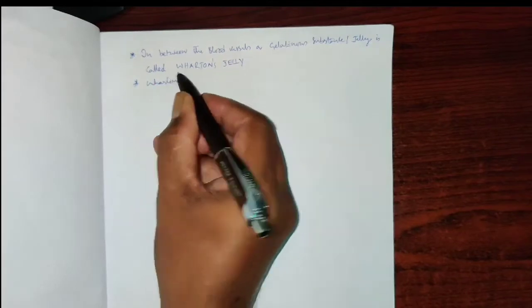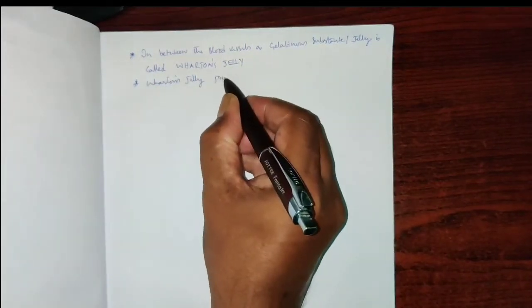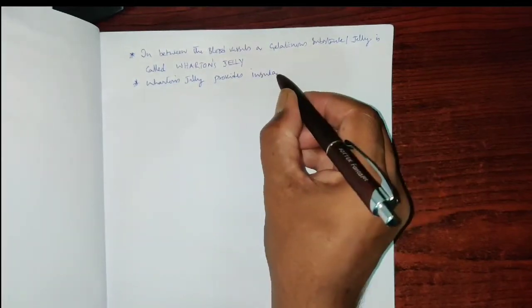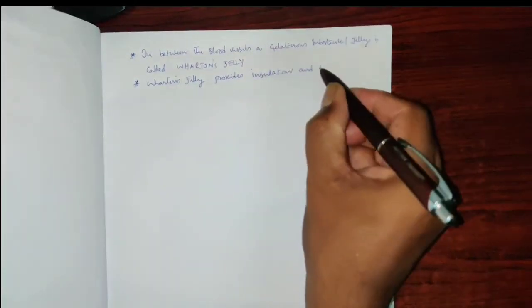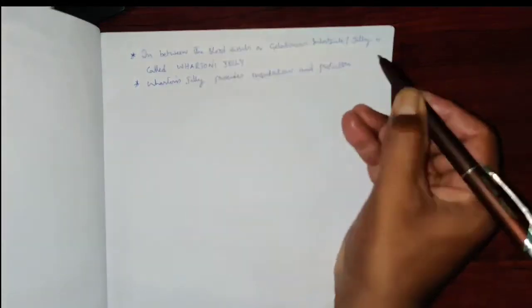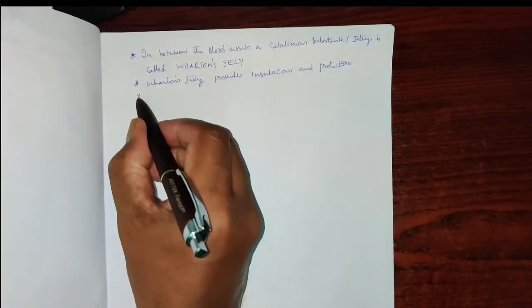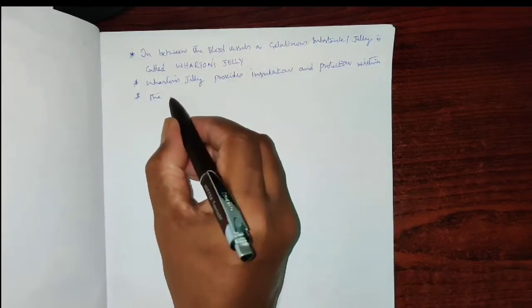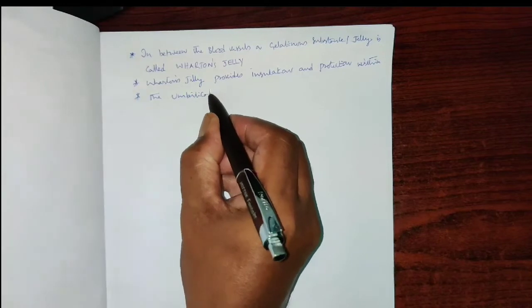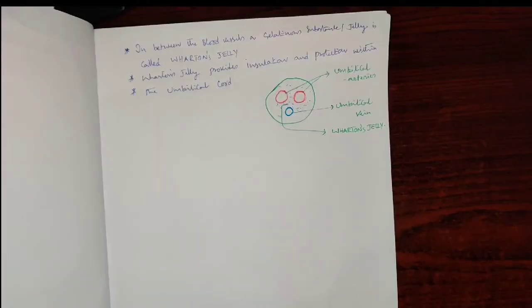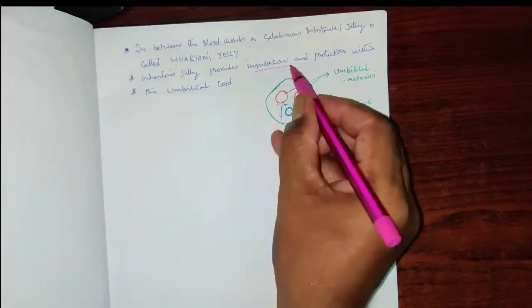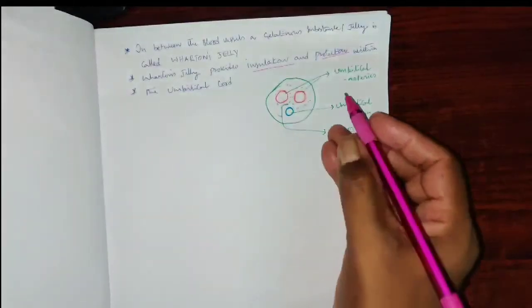Wharton's jelly provides insulation and protection within the umbilical cord.